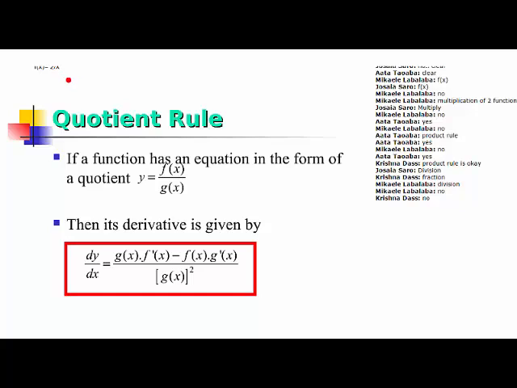You can always bring that x on top, which will become x to the power negative 1, and then you can solve for it using the power rule. Now if I say f(x) is equal to x over x squared plus 1, now will you be applying the quotient rule over here?